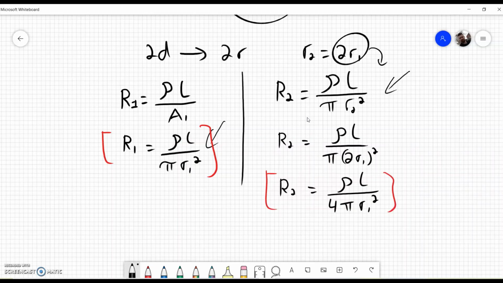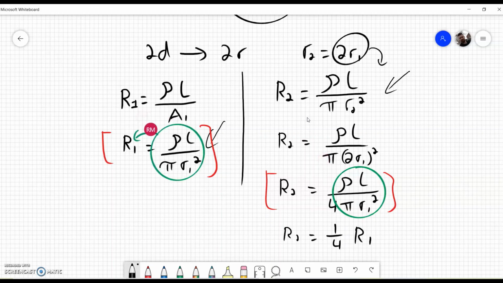Leave that there. That tells me that R2 is equal to 1 over 4. And everything else there, the rho, the L, the pi, and the r1 squared, that has a value of R1. So what am I after doing? I'm after substituting all of this, which is the exact same as this here, for that. So that tells me that my second resistance is 1/4 R1.